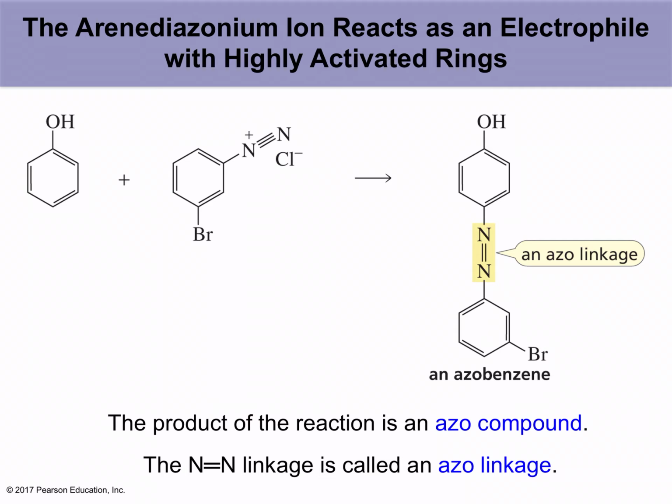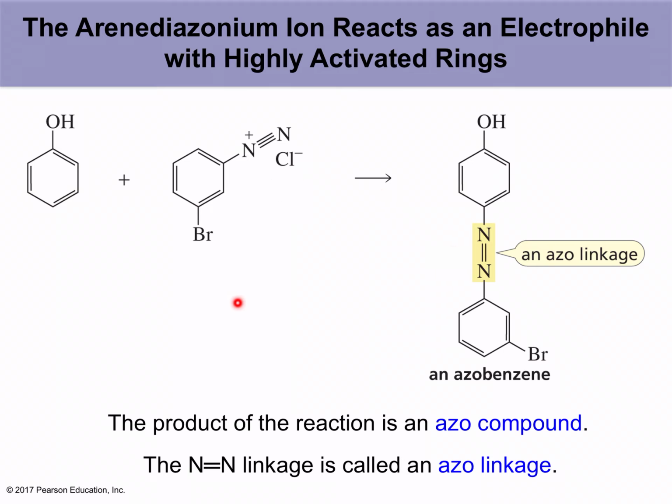Another one. Arene diazonium ions react as an electrophile with highly activated rings. Now let's see, phenol is a highly activated ring, because OH is an activating group through resonance. Now this is the arene diazonium ion. So these can react together to give you this molecule.